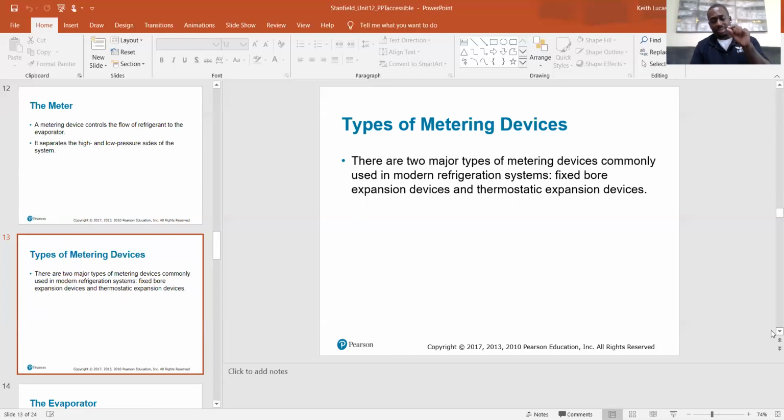It's going to reduce to a tiny, skinny little pipe. And that size change is going to create a pressure change. And it's non-adjustable. Whatever size that cap tube is, or however long that cap tube is, it's designed to drop the pressure a significant amount, and that's it. That's all the adjusting that it's going to do. It's just based on going from a larger pipe to a smaller pipe.